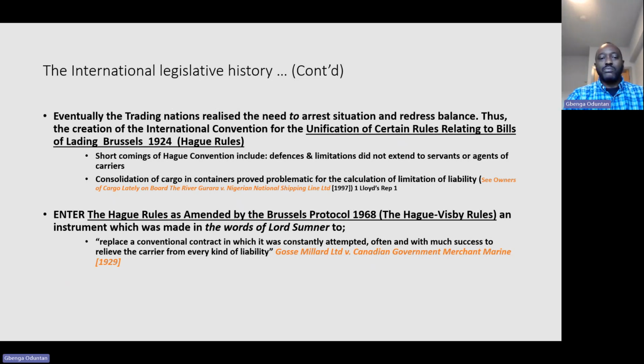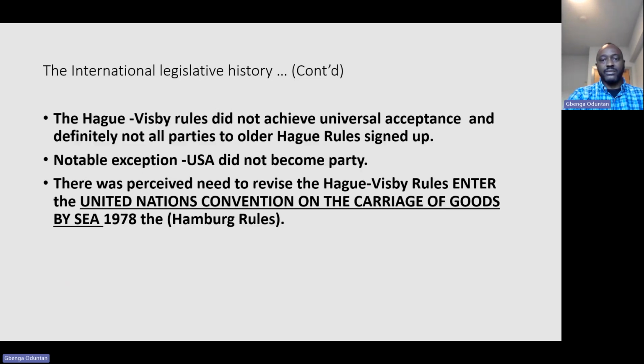The idea was to replace the Hague rules with a more user-friendly instrument, which does not allow shippers to constantly relieve themselves of their very obligations in contracts of carriage of goods by bill of lading.